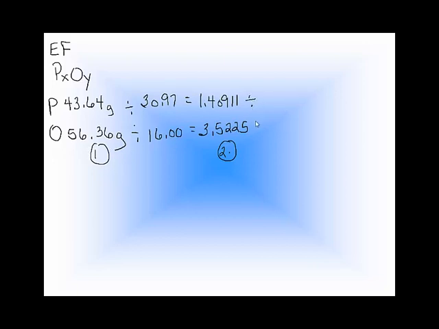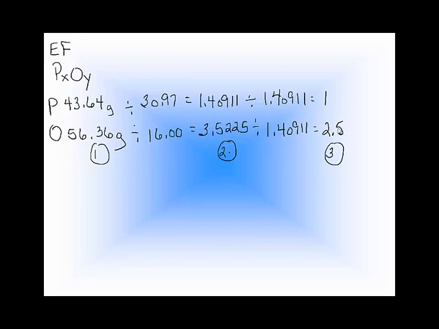Step number 3, take the smallest number here in step number 2 and divide all of them by it. You will always get one of them to be a 1. This comes out to be a 1, and this guy comes out to be 2.5. So here's my step number 3.